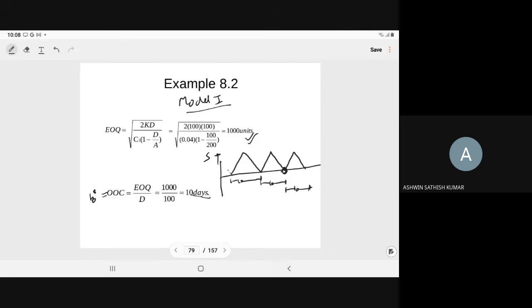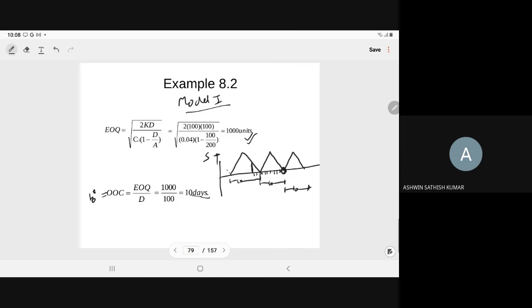So it means when we have to reorder, if you require at this point, we have to reorder 1, 2, 3, 4, 5, 6, 7, 8, 9, and 10. Then 11 and 12. It means you have to reorder at this point.